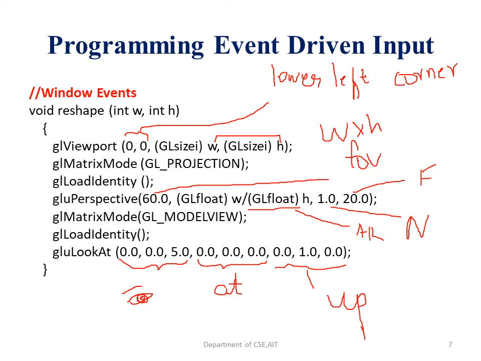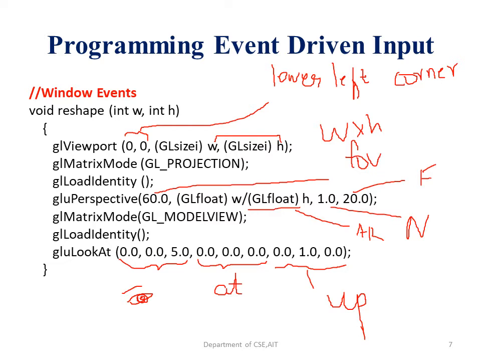So you can see that your eye is located in the positive Z direction with 5 as the unit value. Then where you are looking at is given by 0, 0, 0. That means you are looking at the origin. Your eye is looking at one particular point, and that is the origin. And in which direction or inclination your eye is looking is given in the third set of XYZ.